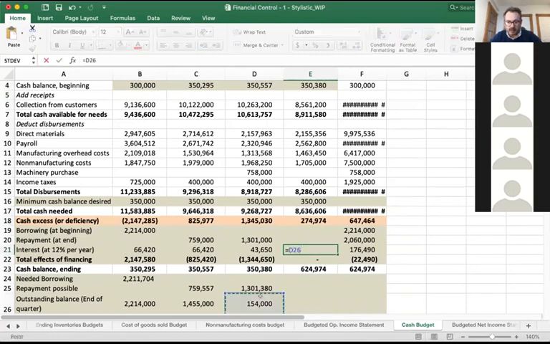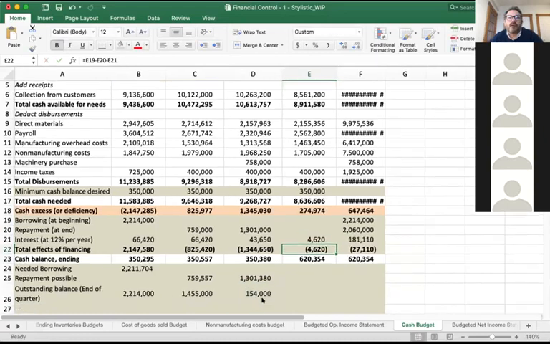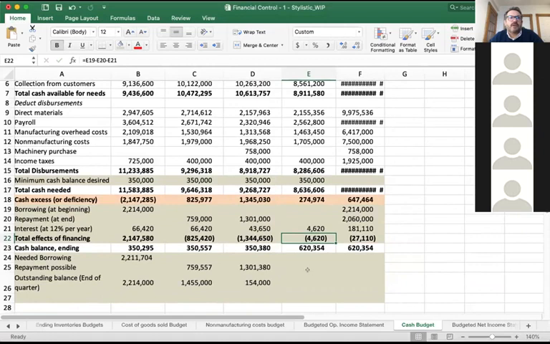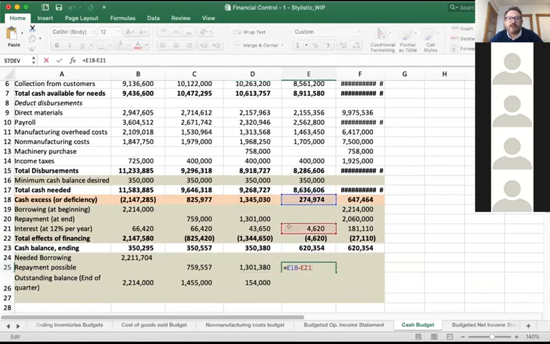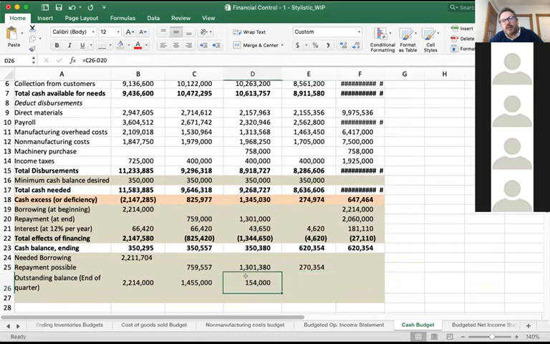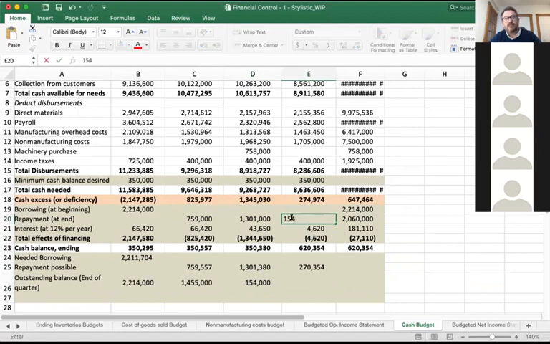Let's just check for the interest to pay. It's only 4,000, okay? So the repayment possible should be okay to be calculated like this, 270, which is 274 minus interest, okay? But we need only to pay back 154, right? And so we are done. So 154.